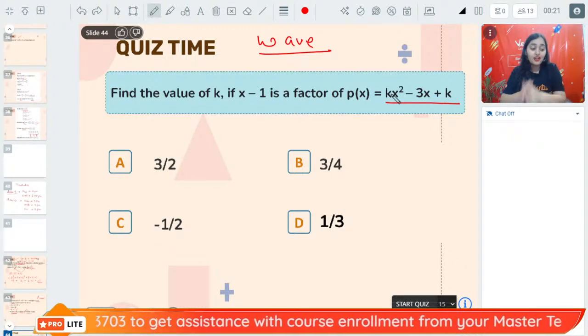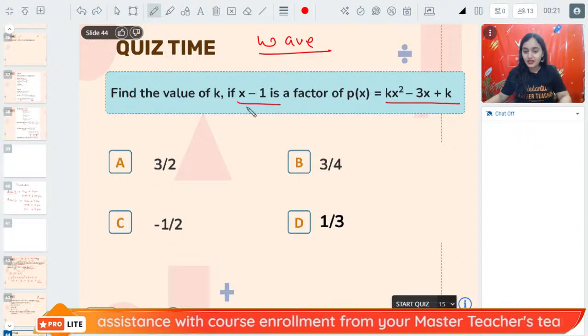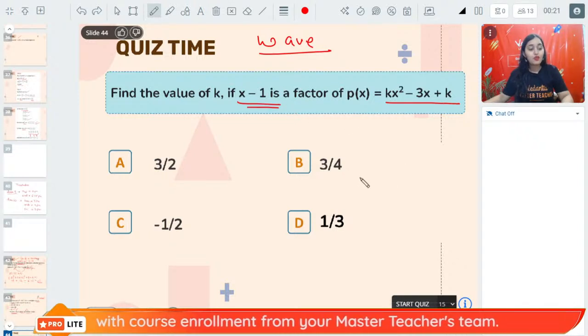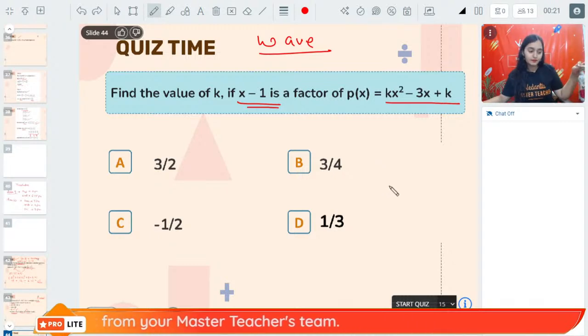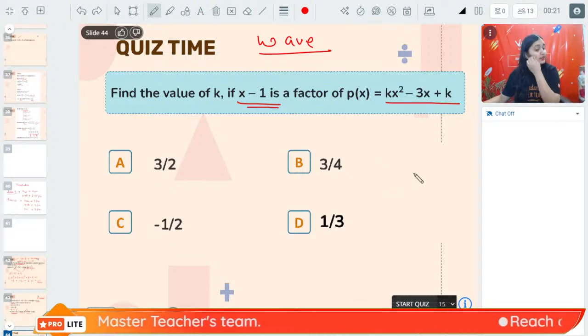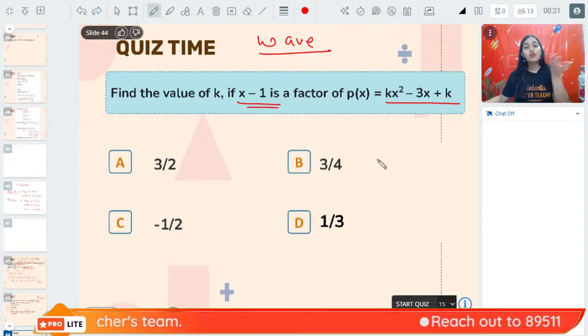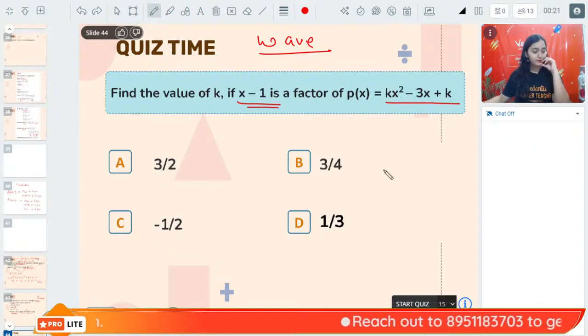So what will be the value of k if x minus 1 is a factor of p(x)? What you have to do here in this question, what we will do?